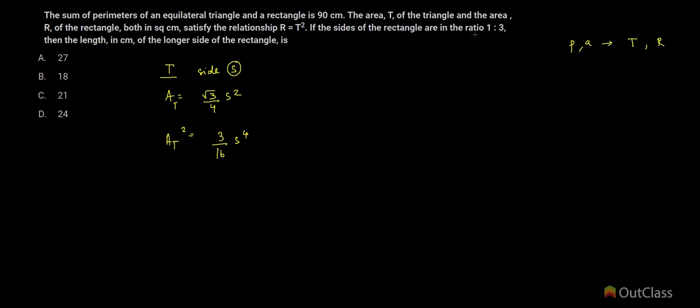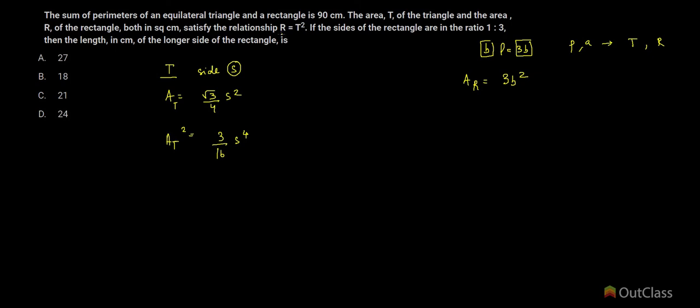What about the rectangle? The rectangle has sides in the ratio 1:3. I am choosing to call the shorter side the breadth, and the longer side, the length, is going to be 3 times the breadth. So the dimensions are B and 3B, and so the area of the rectangle is going to be 3B square.